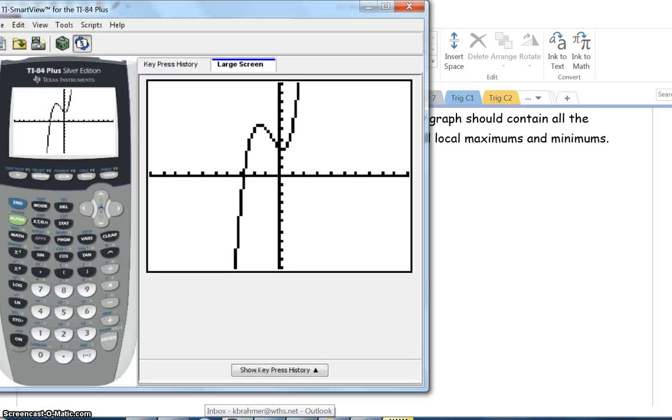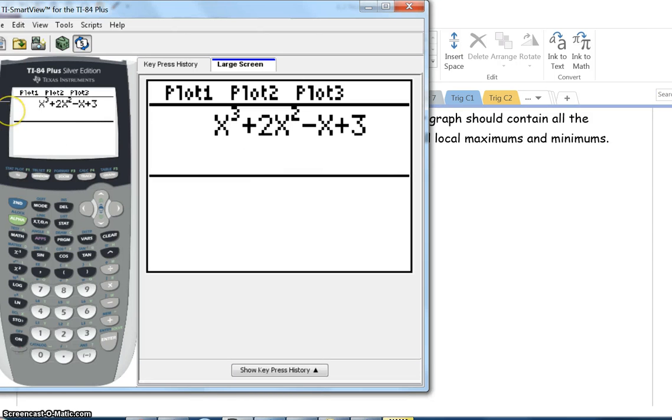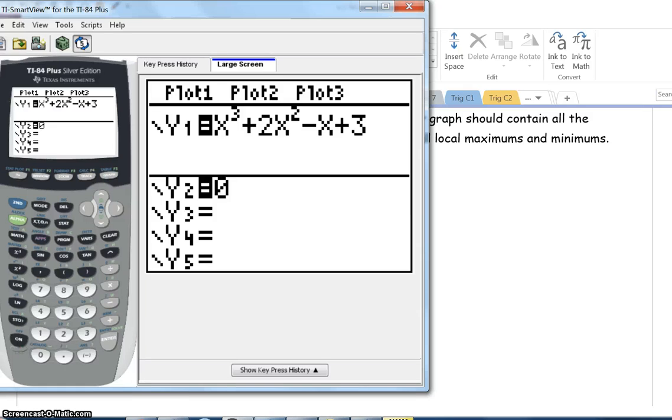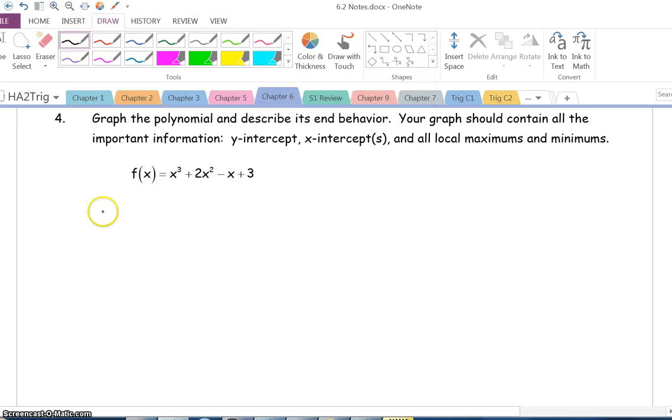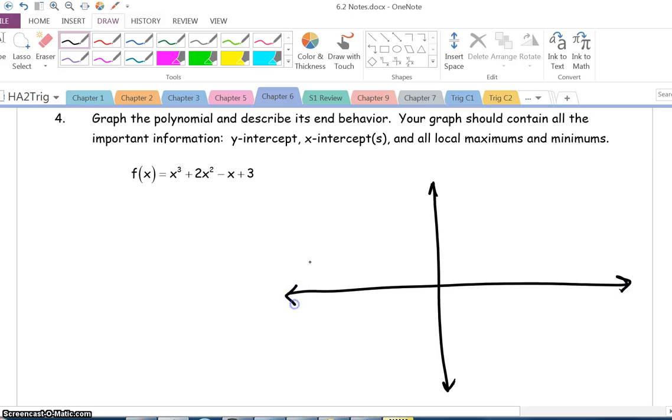Alright, so here you go. This is the graph that you should have in your calculator. If you don't, go back and check that you typed everything in correctly. I'm going to do a brief sketch of that. It helps if you make this sketch really big because we are going to put a lot of information on it. Okay, so something like this.